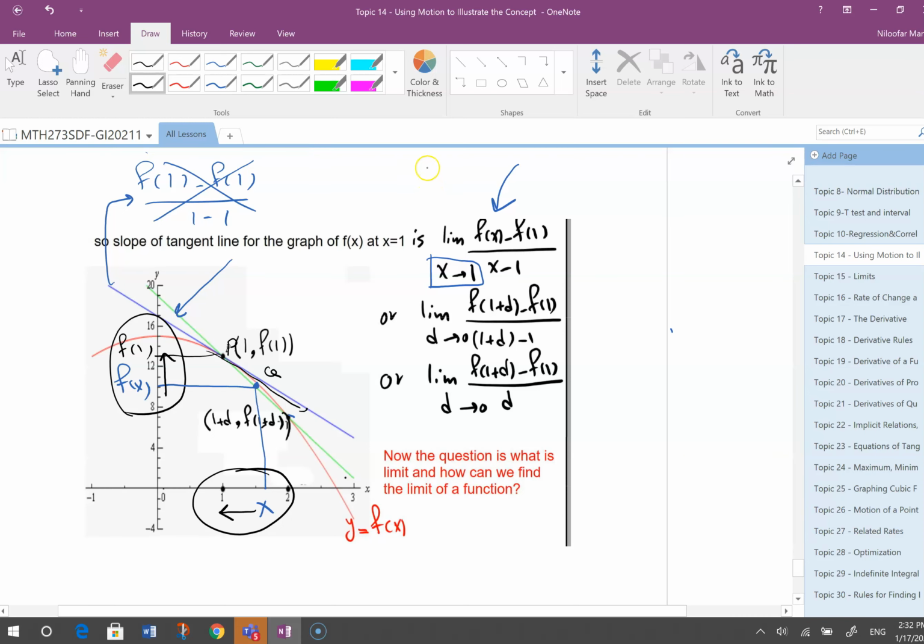So what is the limit? When x approaches 1. Instead of x, I can use 1 plus d, because I want to be at 1.